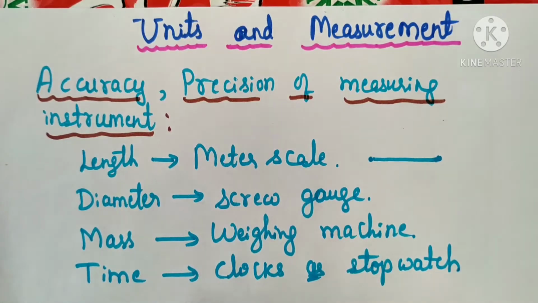So if you want to measure any physical quantity, we need an instrument. And a question will arise here: when can we say that the measured physical quantity is accurate?